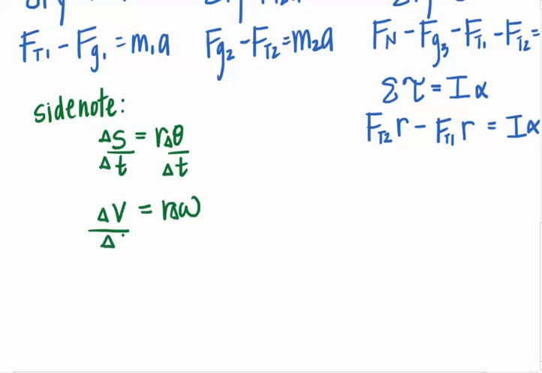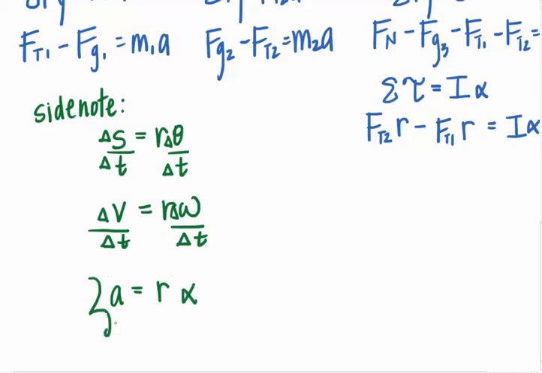If we have a change in velocity over a change in time, and a change in angular speed over a change in time, change in velocity over change in time is what? Acceleration. Very good. And what would change in angular speed or angular velocity over change in time be? Angular acceleration. Very good.